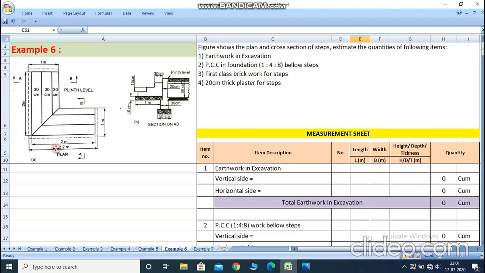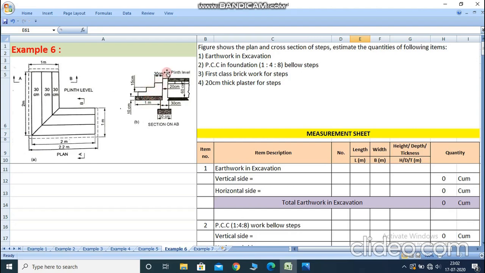Now see this figure. In this figure we show the plan and section view. In this plan we get the idea about the total length and width of the steps, and also the length of the steps. Then in the cross section part we have an exact idea about the height of the step, the width of the PCC work, the thickness of the PCC work, and the width of the steps.